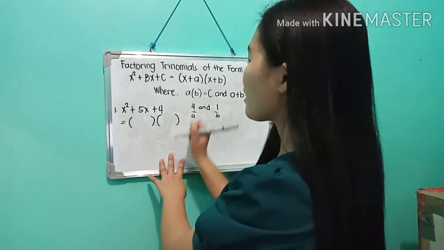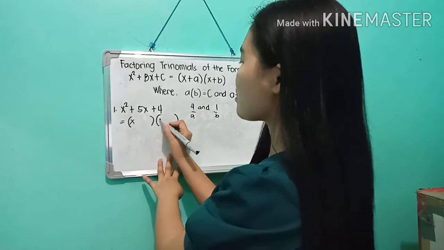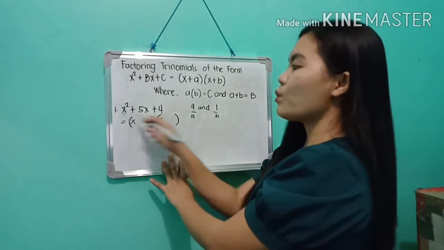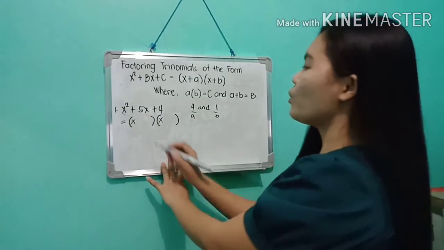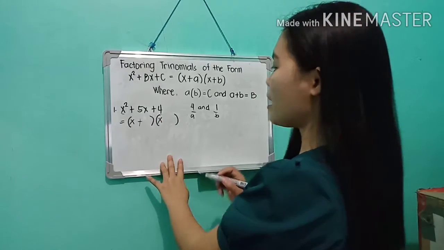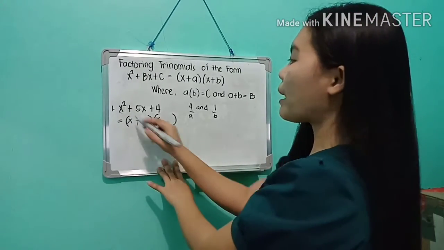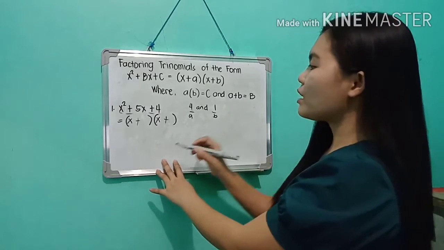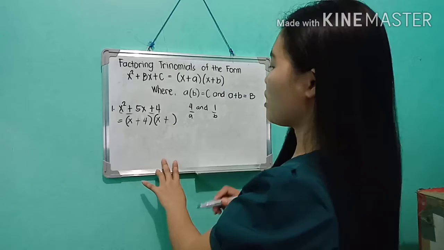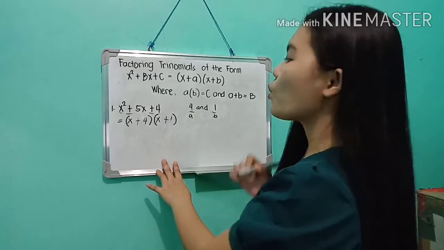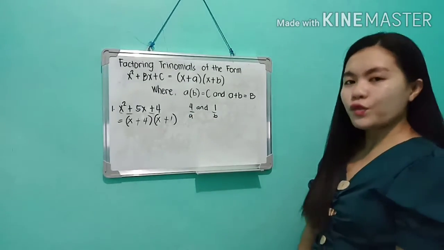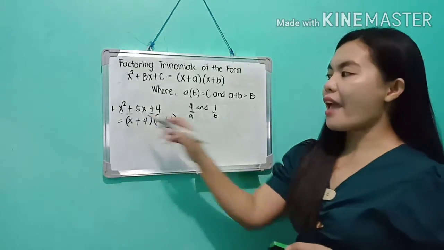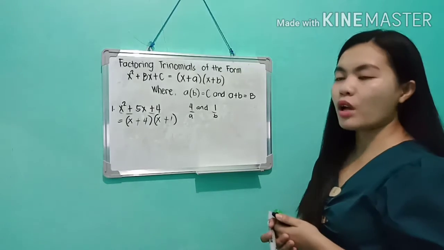We have here, lagay natin yung dalawang x. So, galing na si x times x is equals to x squared. Alright, so, isulat lang natin yun. A plus, since positive yung pareho, we have plus. So, copy lang natin yun si a, 4. And then, we have here 1. So, that's the answer of that example. So, yun yung factor ng trinomial natin, x squared plus 5x plus 4.